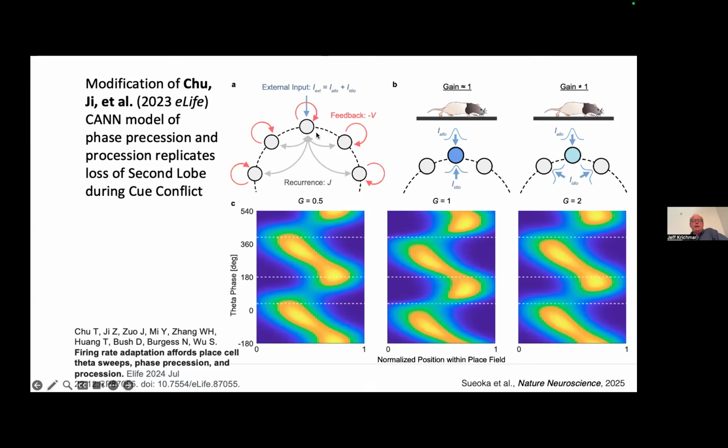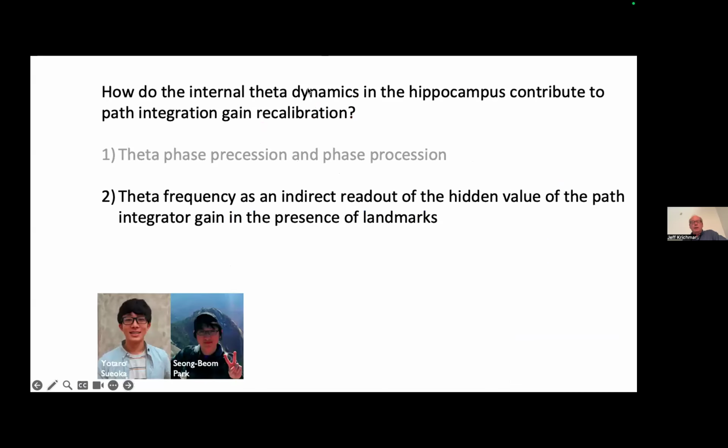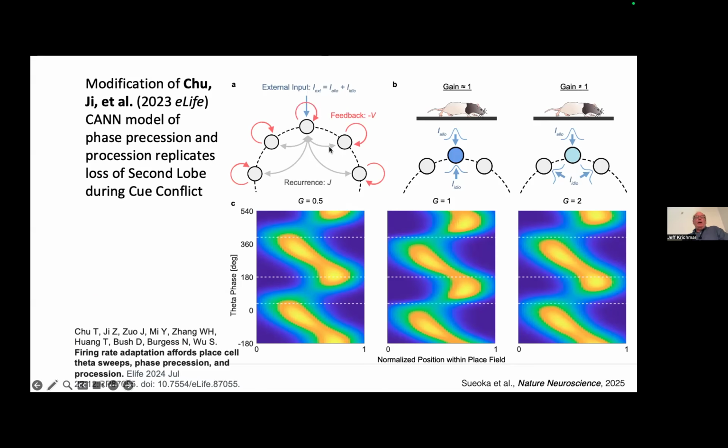And I won't go into the details of that model, but what they've shown in this model is that when external input drives a bump of activity around this ring attractor, the spike frequency adaptation causes, as the movement goes forward, an oscillation back and forth around the input drive. And what they found is that depending on the strength of that feedback inhibition, they can cause this second lobe to appear or disappear.